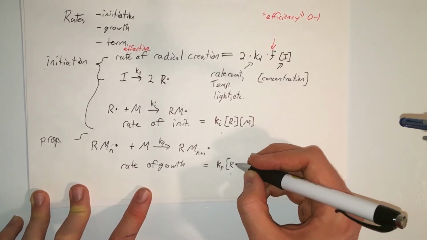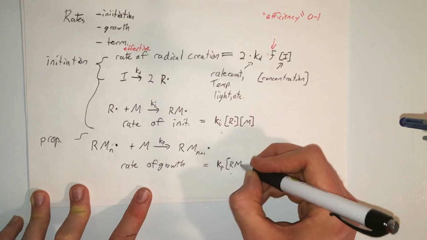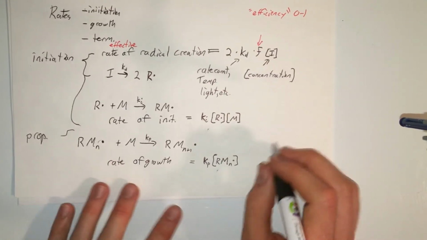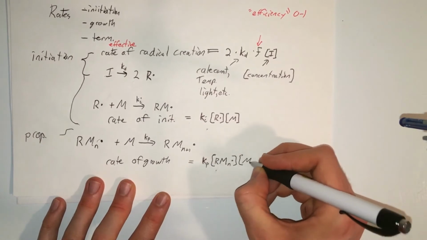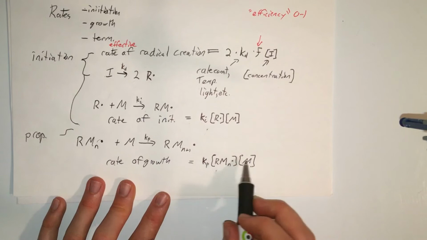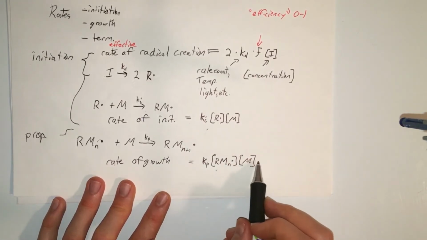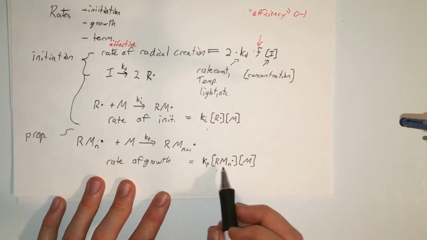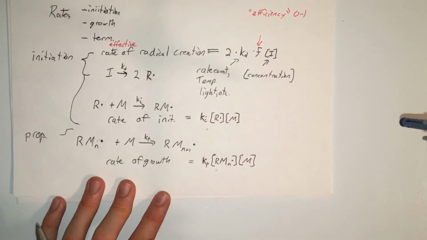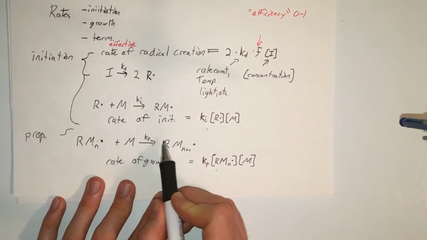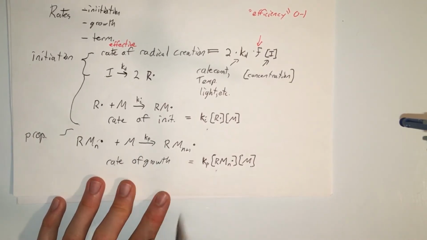So it's going to be proportional to R M sub n times the concentration of monomers as well. So the higher concentrated our monomers are, and also the higher concentrated our growing chains are, the faster growth is going to happen. Similarly, if we have a high rate constant for this reaction proceeding, growth will also increase.